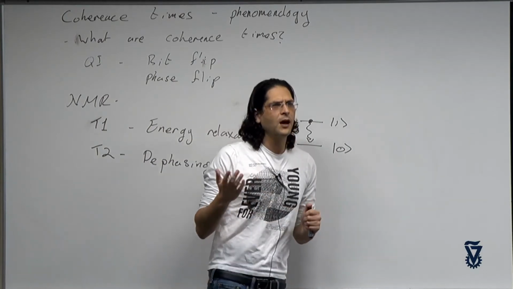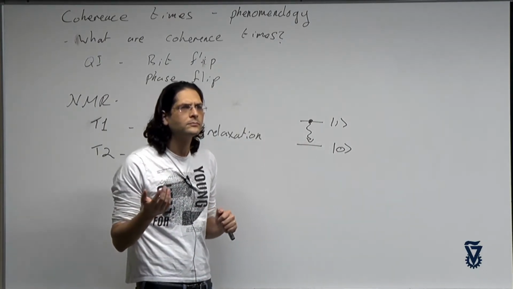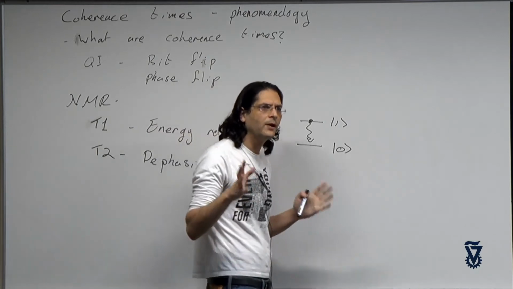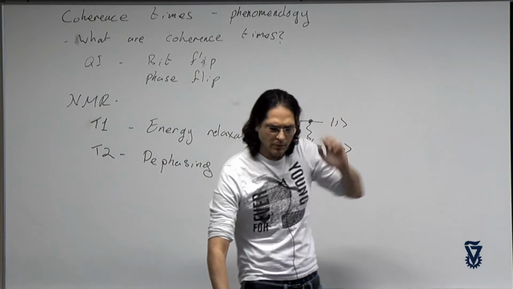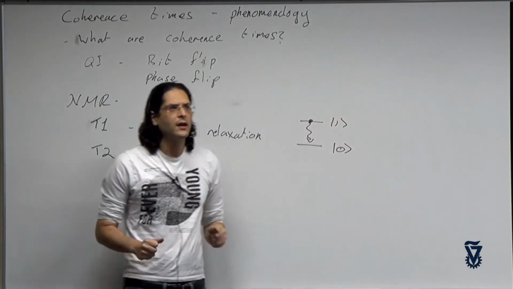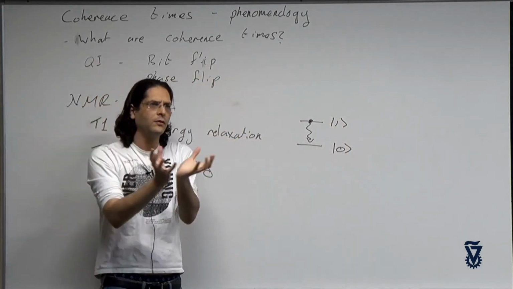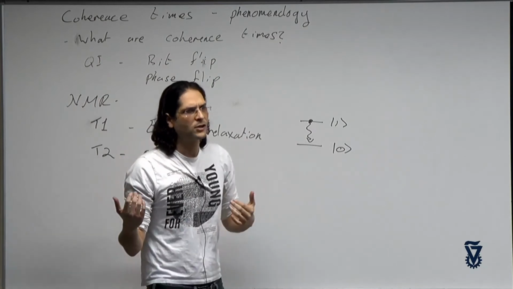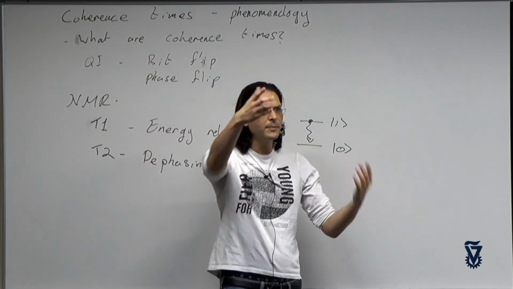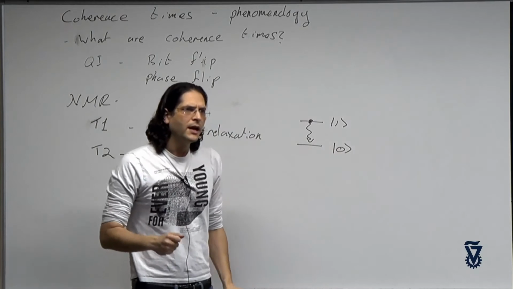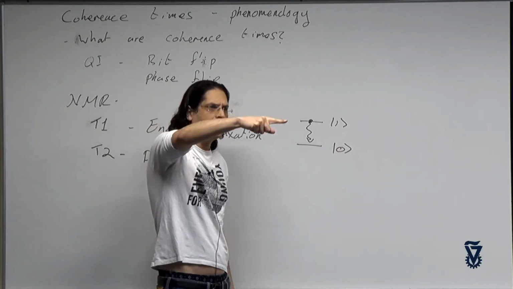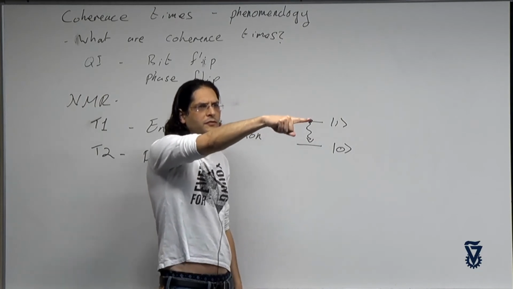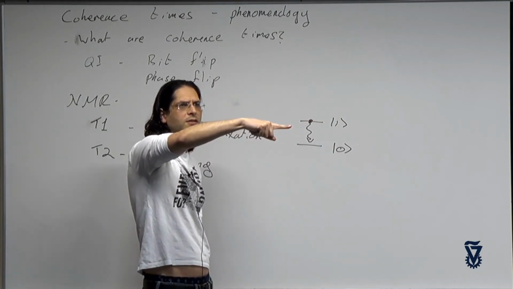If you think of an ensemble, remember when we talked about an ensemble of nuclear magnetic moments, or an ensemble of qubits, if you think about the Bloch sphere, or in the classical picture, the magnetic moments, if you assume everything is uniform, then if you're on the equator, there's a defined phase to your state.